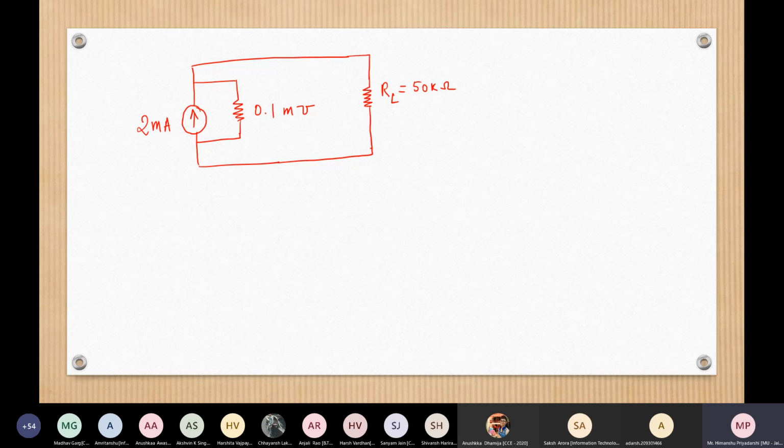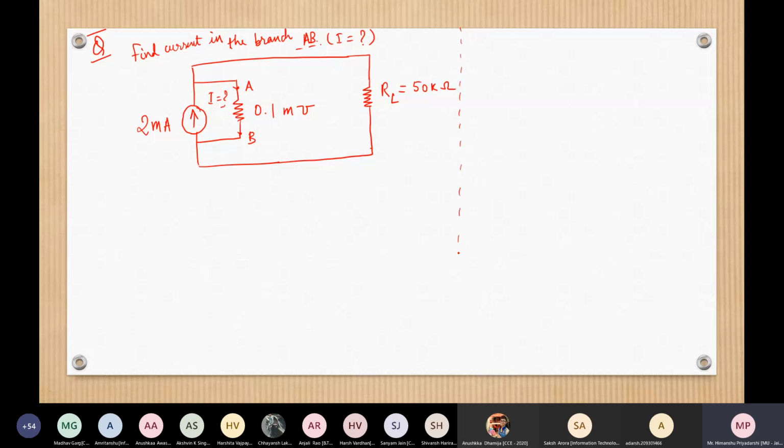Is that okay? The question is, find the current in the branch AB, and allow me to even call it I. This is the question.